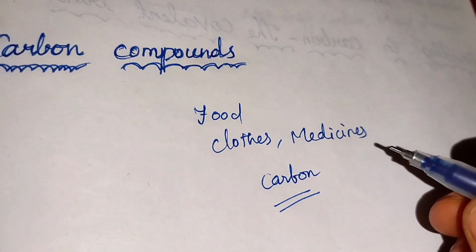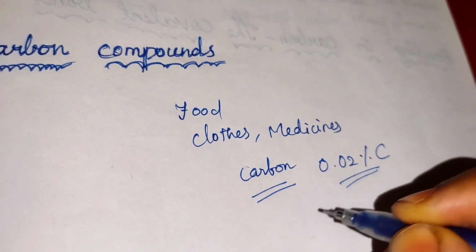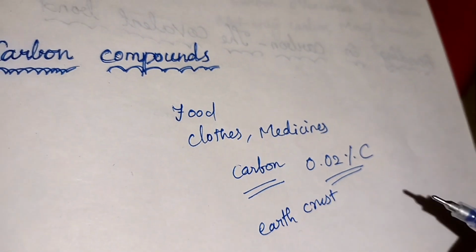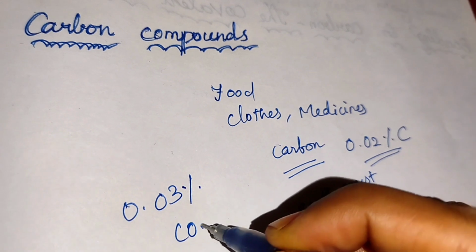The earth crust contains 0.02% of carbon. And in the atmosphere, 0.03% of carbon dioxide is present.